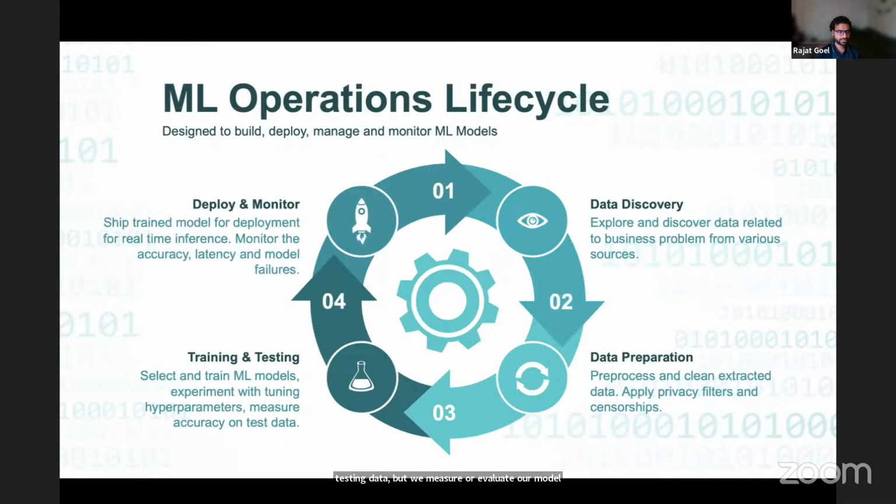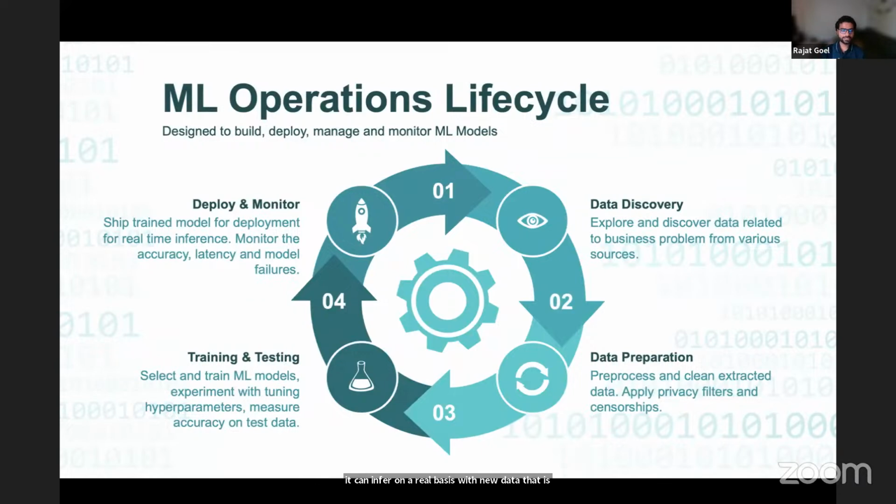Last part is deploy and monitor. So once we have trained a model and we are happy with the accuracy of it, we ship the trained model for deployment so that it can infer on a real-time basis with new data that is coming through.